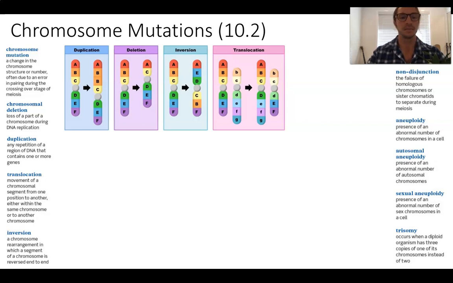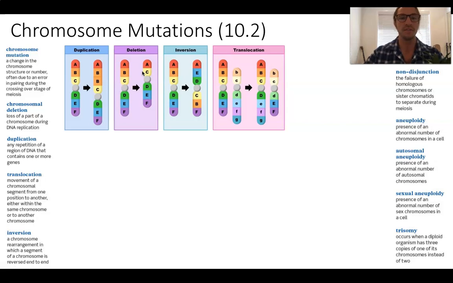So firstly, duplication is where a portion of the chromosome is duplicated, and we can see that in what's represented by this B section of the chromosome. Deletion, as the name suggests, is where part of that chromosome is deleted. It can break off.